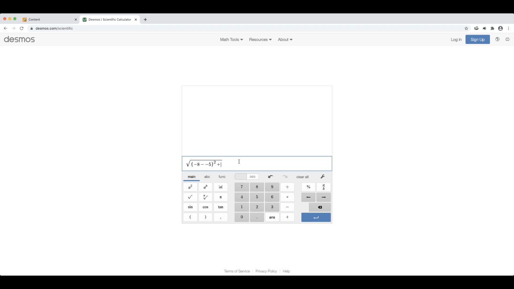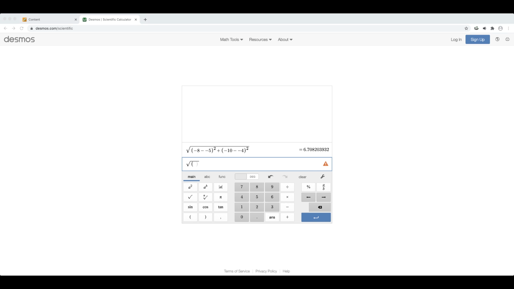And then plus -10 minus -4, and also squared. So that's the first distance. The beauty of using decimals is I don't care if it's a decimal or not. The calculator will take care of all that for me. I just need to make sure I type it in and set it up correctly.